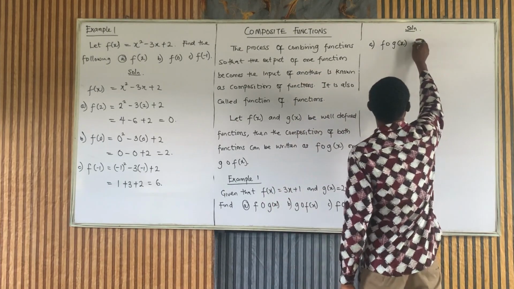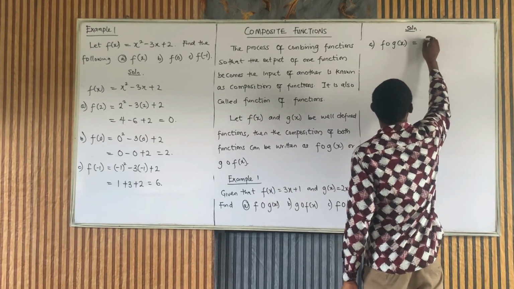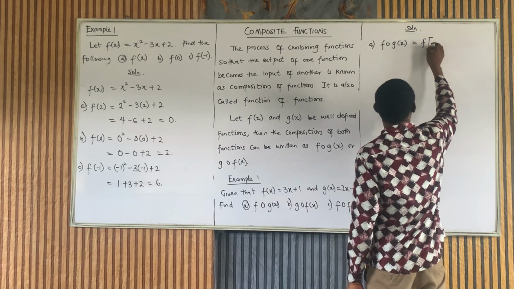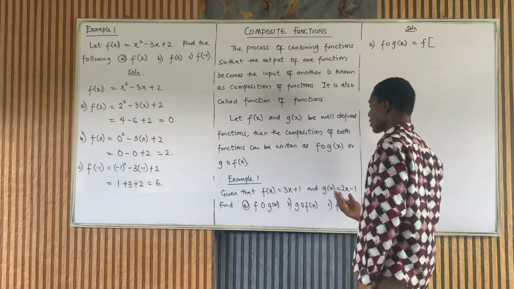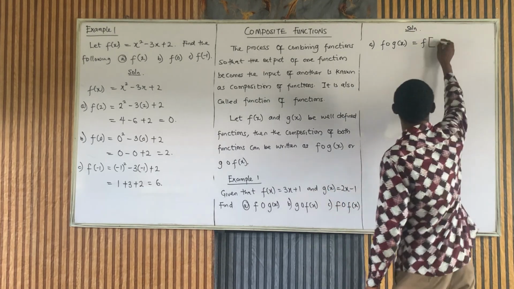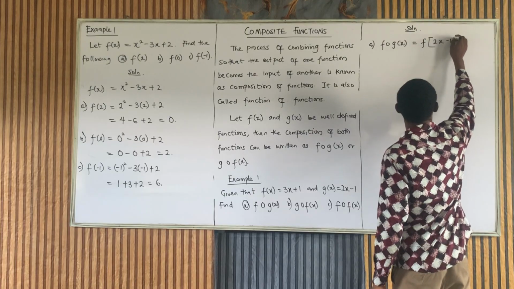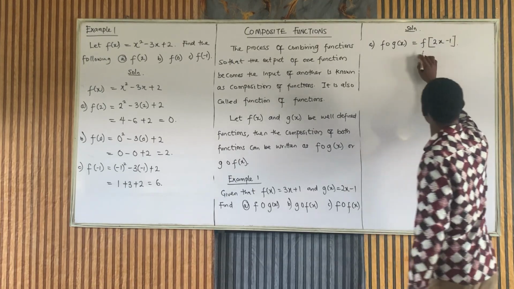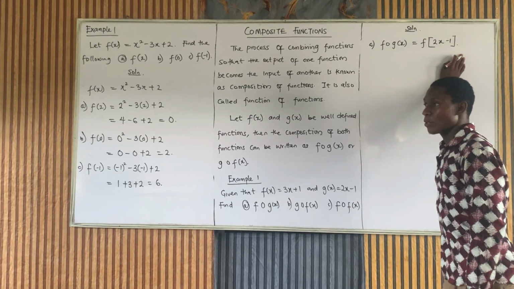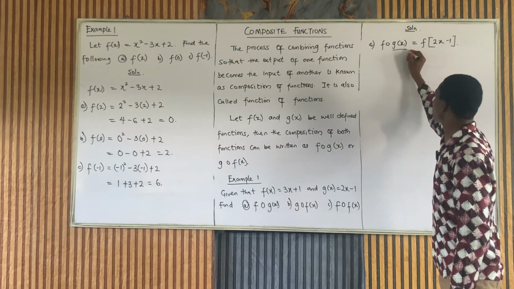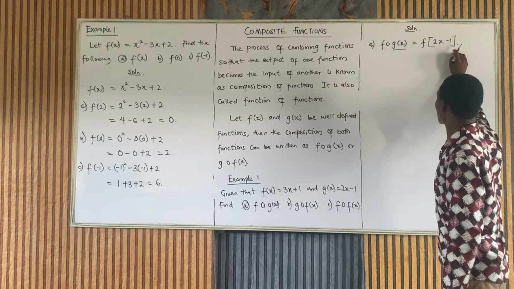This is simply going to be f of, what is g of x? We write that out. It is 2x minus 1. So this is f of 2x minus 1. So I've done this first of all, write out my g of x first.